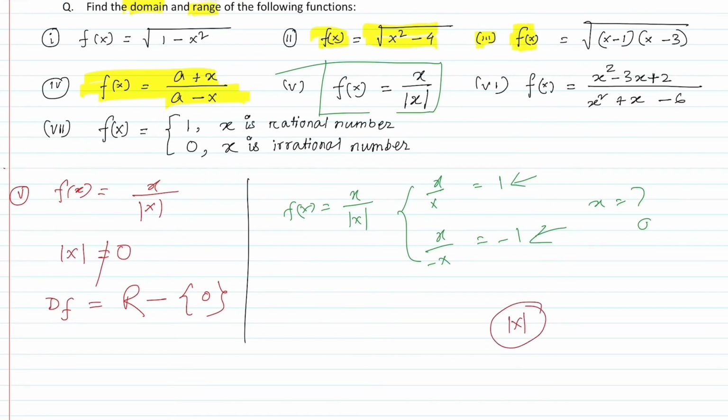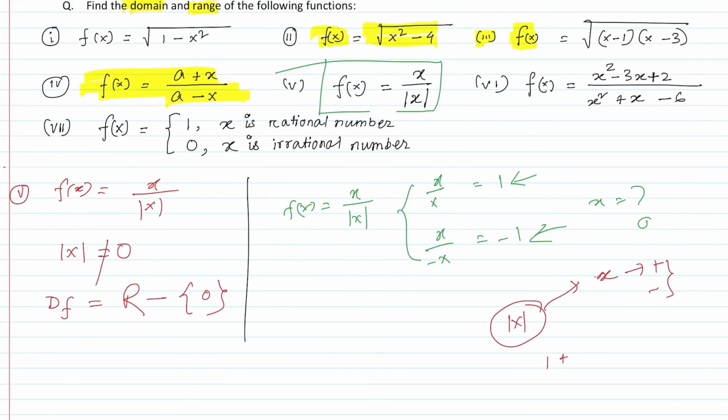In this case the value of x can be positive or negative, both. Because mod of any real number, suppose mod of plus a or minus a, is always going to give you plus a.